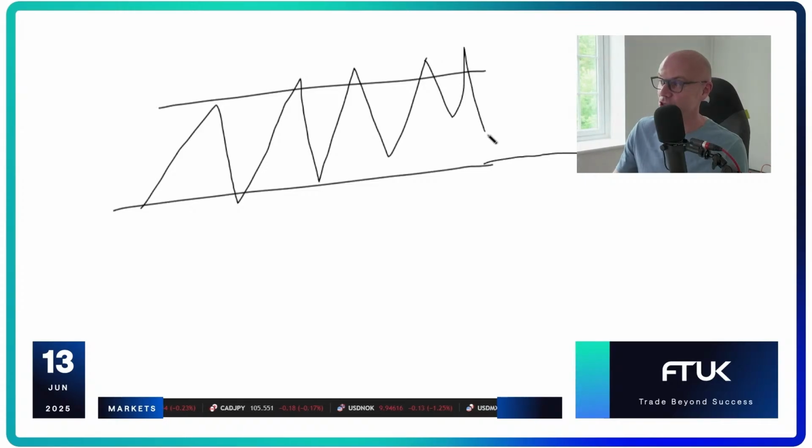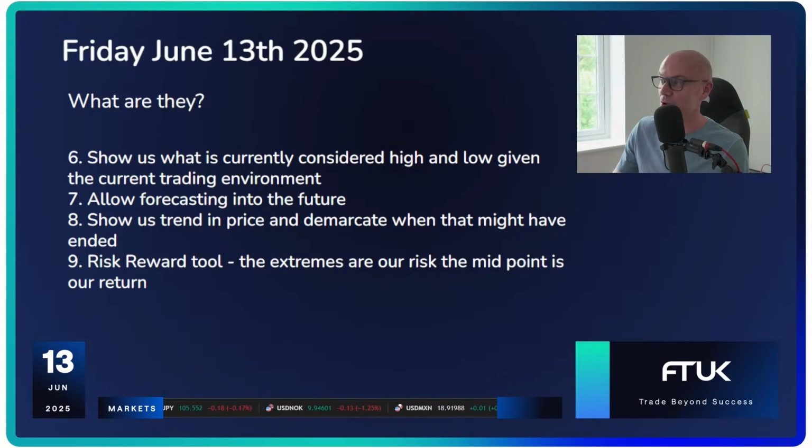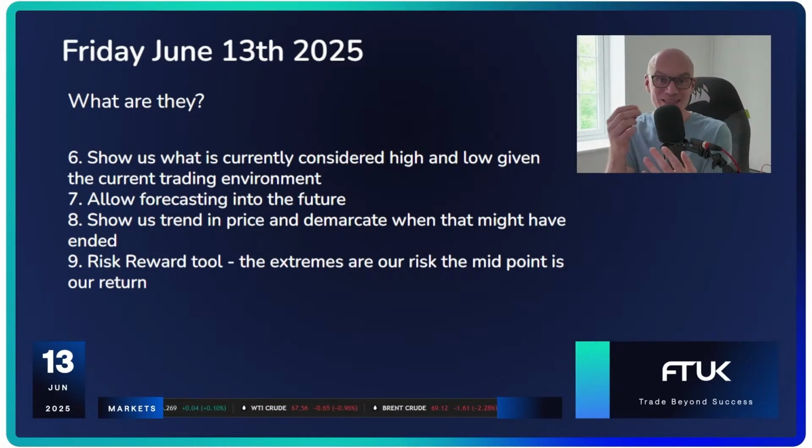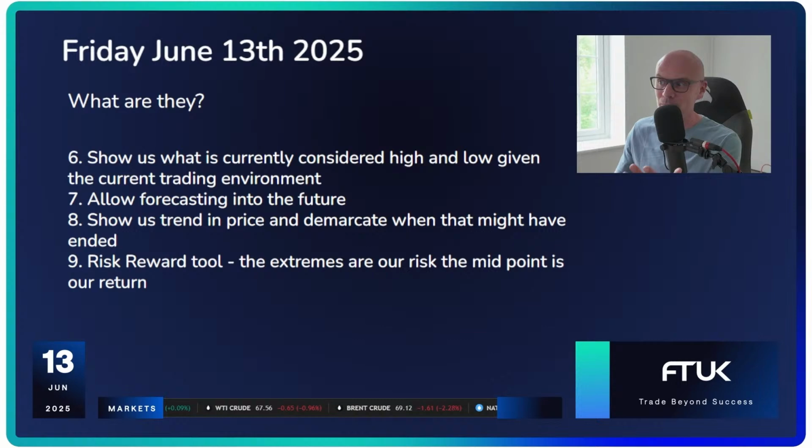If such an event occurs, that price should return back down to it. It's a very simple concept, and that is the primary way that most people use trend lines. Also, they show us the trend in price, but they also show us and demarcate in the price action when that particular market state, when that trend might potentially be coming to an end.